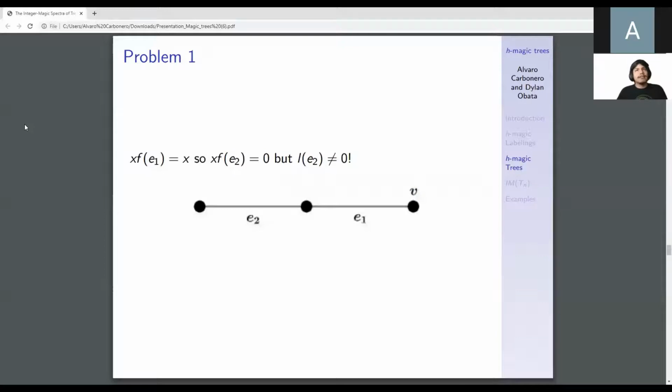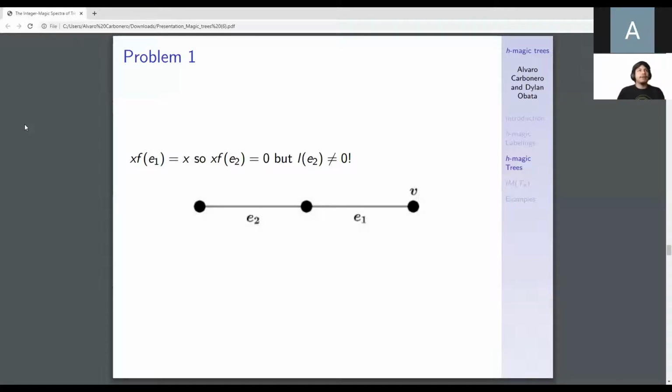The first problem is seen in more detail here. So as it explains in the line above, it says that if x of f of b is equal to, sorry, I think it's better if I go to the figure first. So think of this again as a subgraph of the tree where b is a pendant vertex. So then, since e1 is a pendant edge, it's going to get assigned x. But then, if you calculate f for e2, you will notice that, yes, it has to be 0.